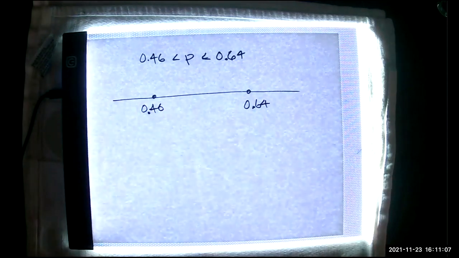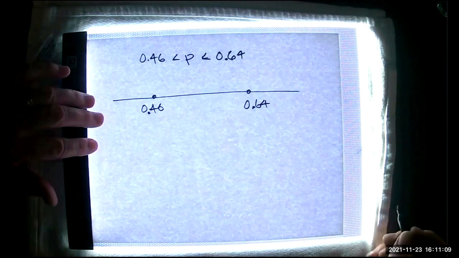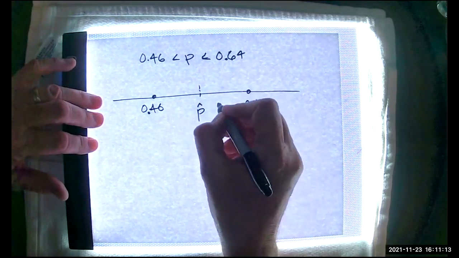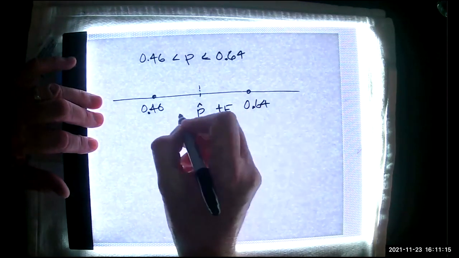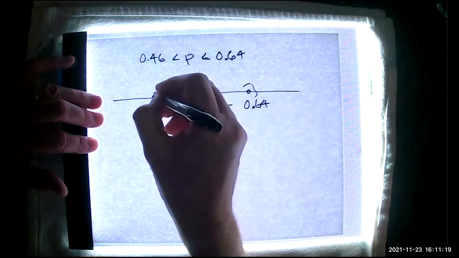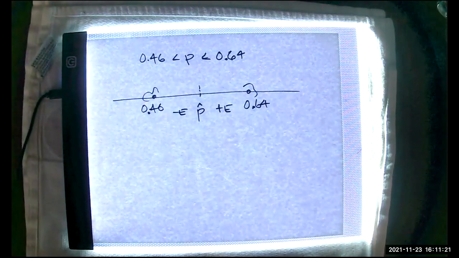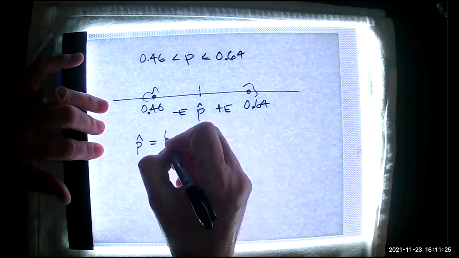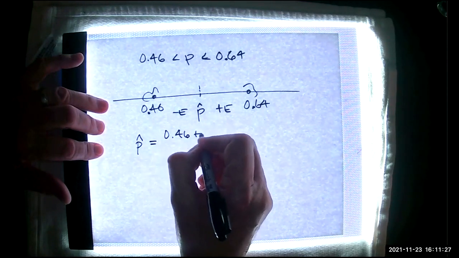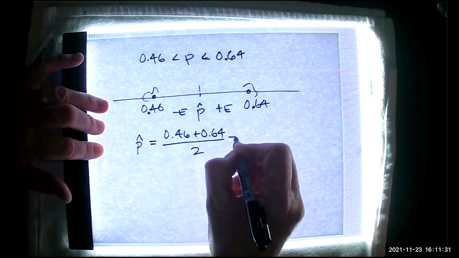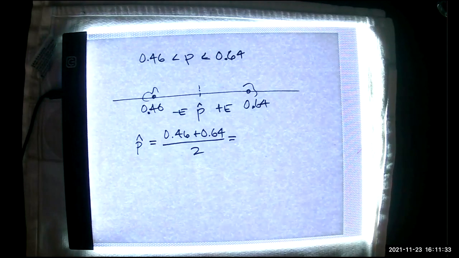So there's my confidence interval, and the way it is built, the point estimate p hat is right there in the middle. We add the margin of error and we subtract the margin of error to get these guys here. So to find the point estimate, the p hat, that's exactly halfway between those two values.